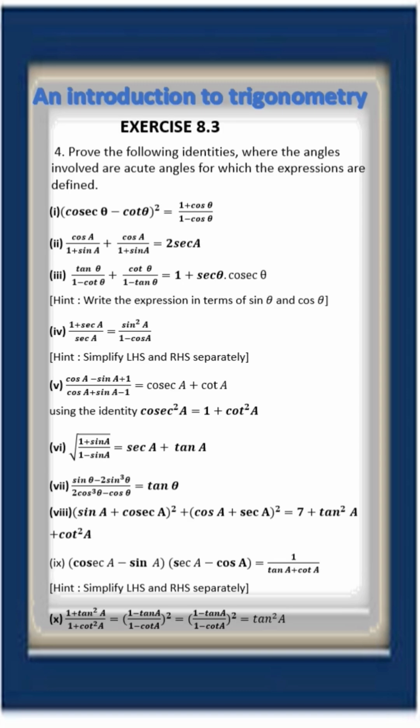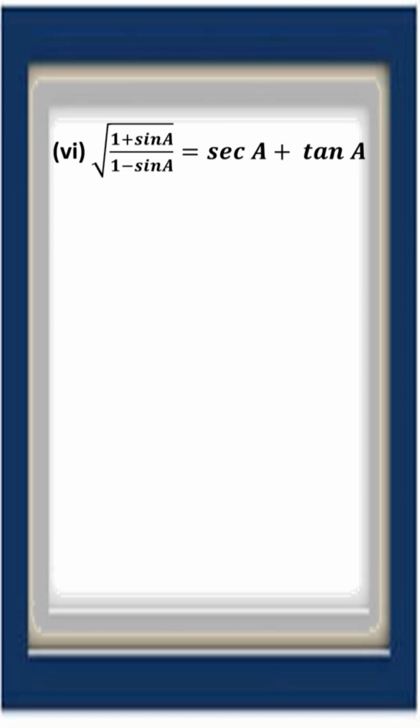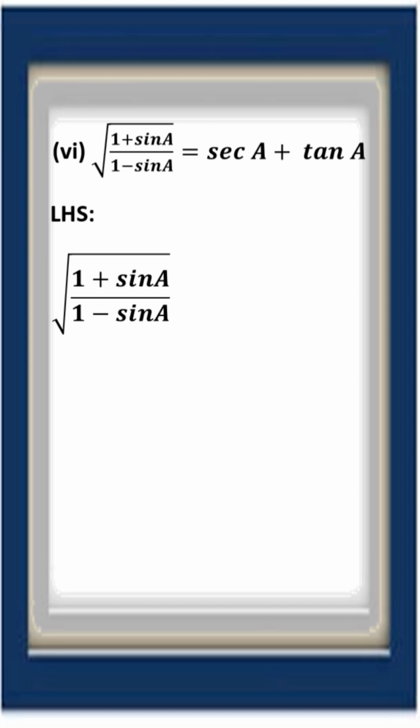Now let us solve question number 6, that is square root of 1 plus sin A upon 1 minus sin A is equal to secant A plus tan A. What is the LHS here? Square root of 1 plus sin A upon 1 minus sin A. Whenever we see such problems, means under root problems, we have to rationalize the denominator.